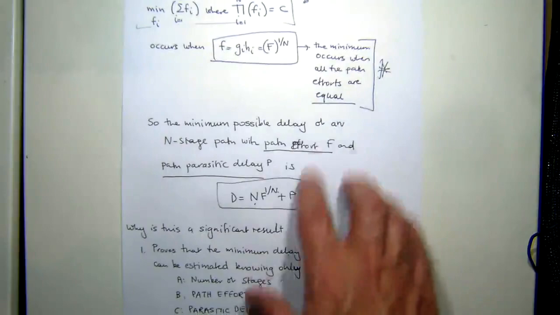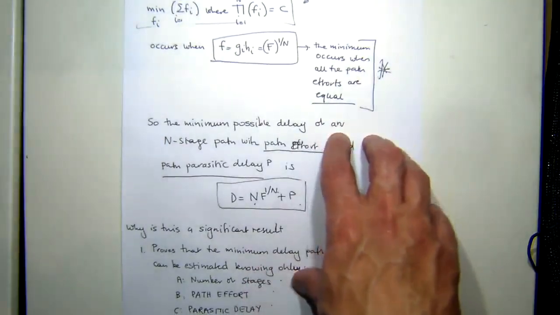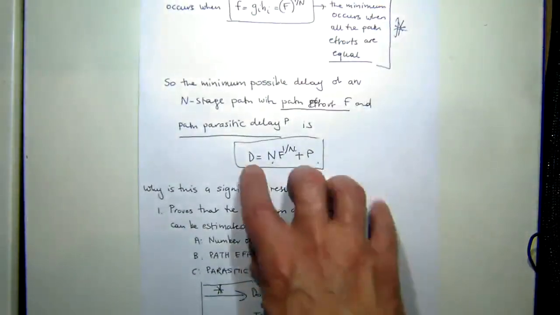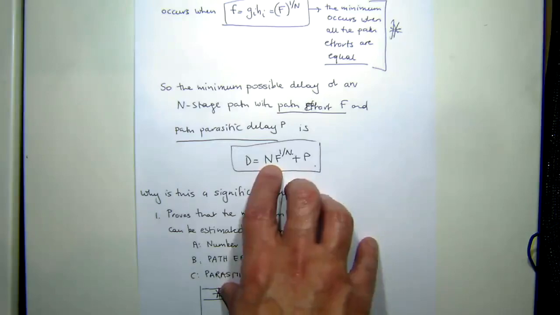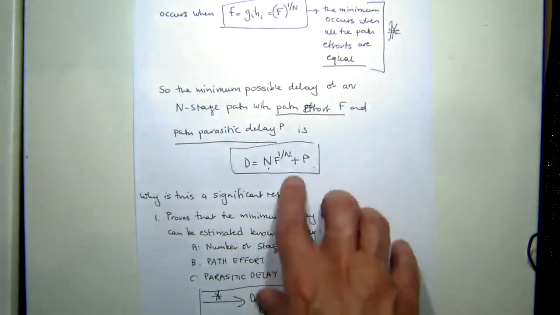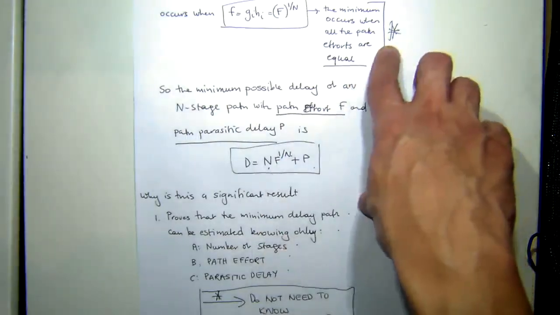Then if we believe this, or we've proven it, we can work out the delay for any kind of circuit based on what the minimum path effort is going to be for each of the components.